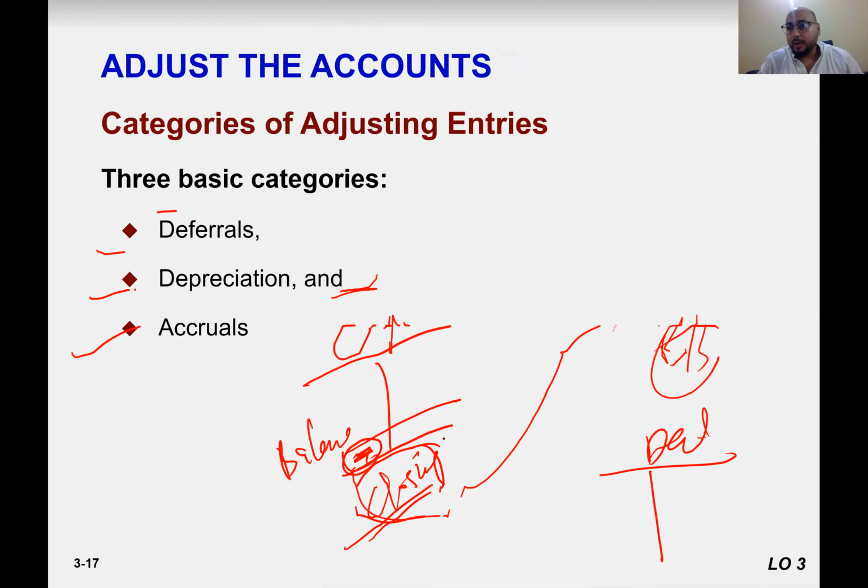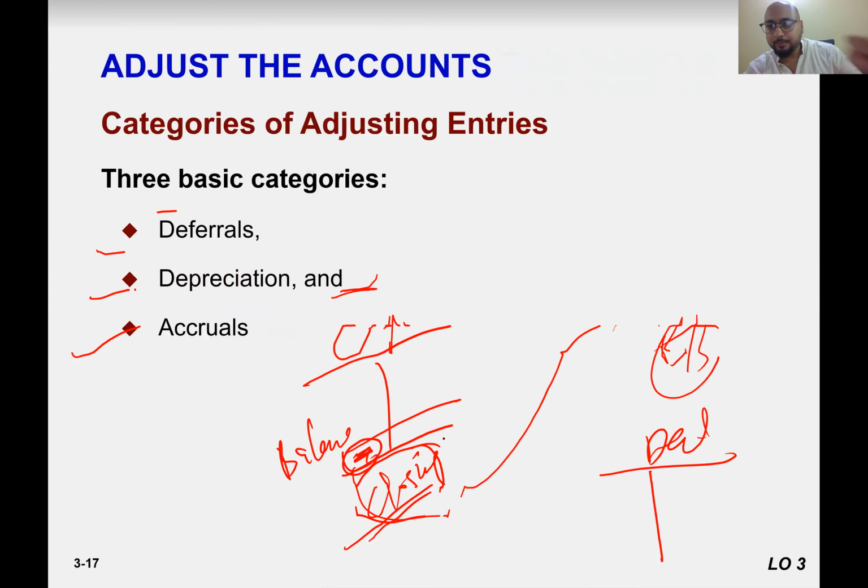right? Otherwise we cannot find out what is the net income and what is the net loss, because we don't have the correct figures of sales and expenses, right? Because we will be closing our expense account. Okay, this much expense happened during the period, not above, not less, exact figure.